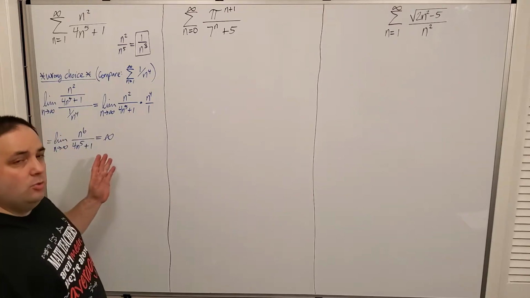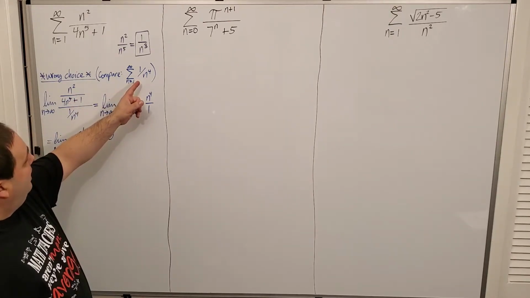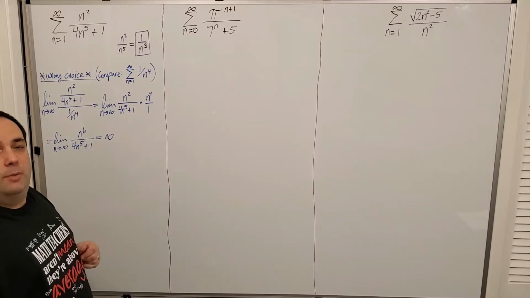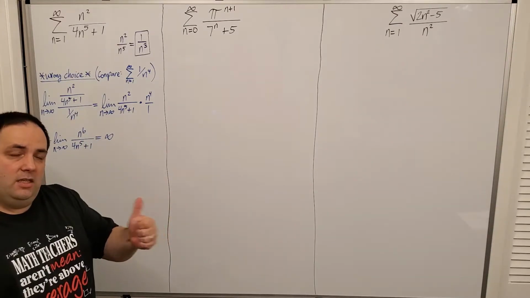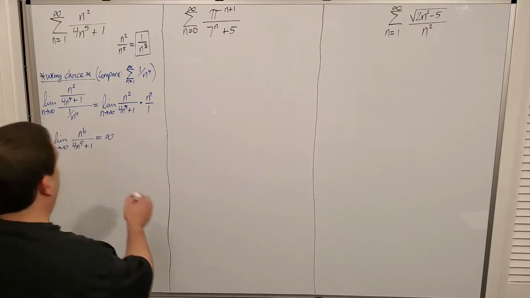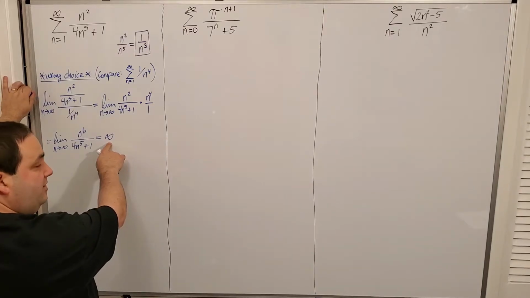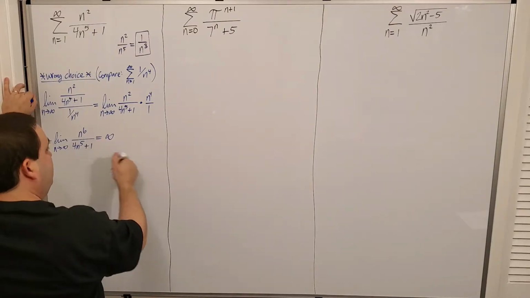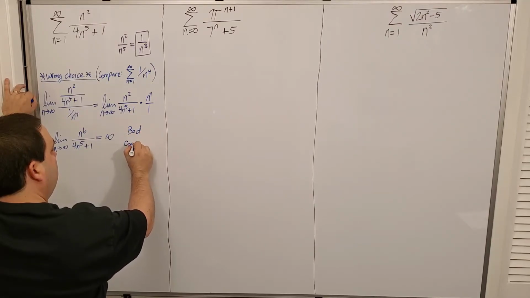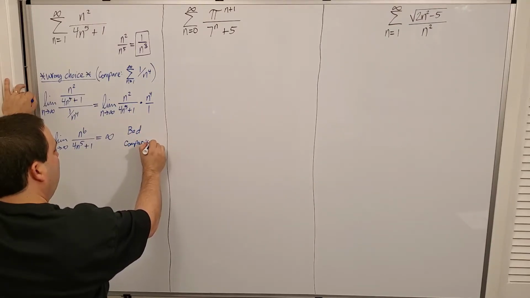In this case, it's no different. If I choose the wrong thing, then my limit probably won't come out to something that will say, yes, the comparison worked. That's what this is saying. Okay? It does not say diverge. It doesn't say converge. This just says this is a bad comparison. Okay?